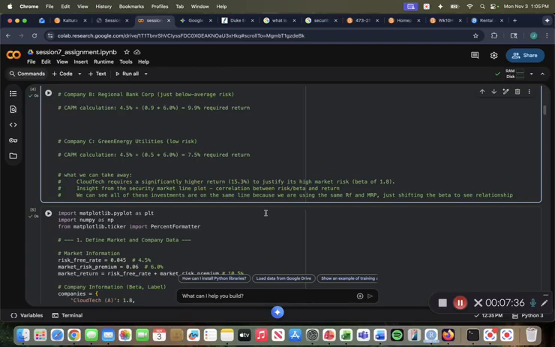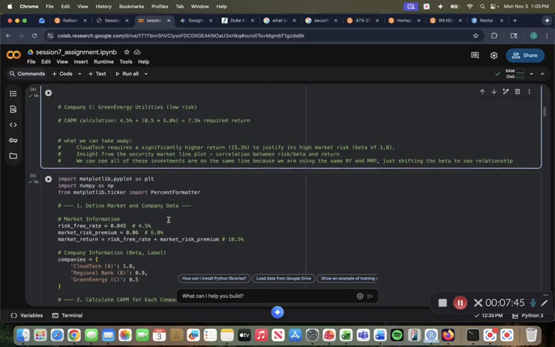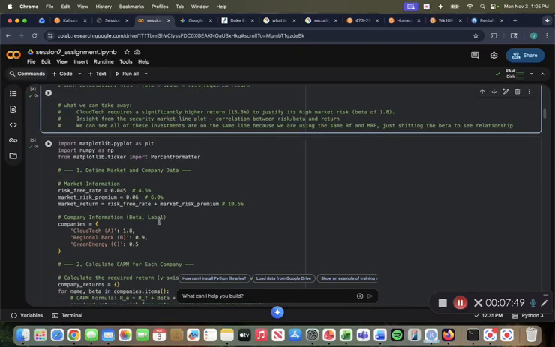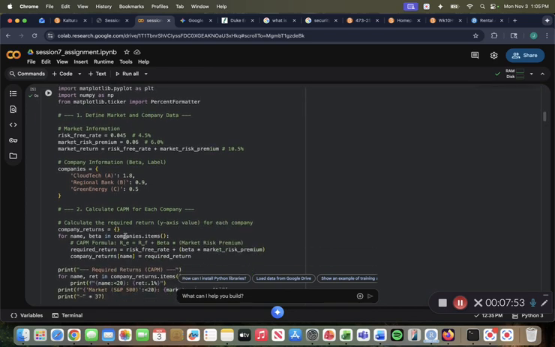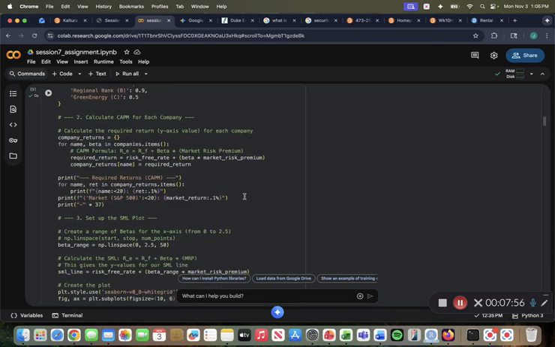So just some other takeaways. Like we said, Cloud Tech requires a significantly higher return to justify the high market risk. And then we can see down here another thing I did for the represent stage was calculate the security market line curve, the plot for that. I generated it with help from Google Gemini.